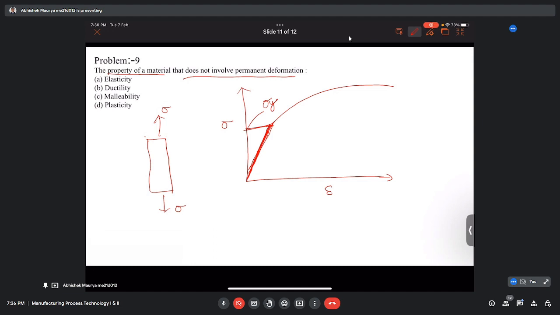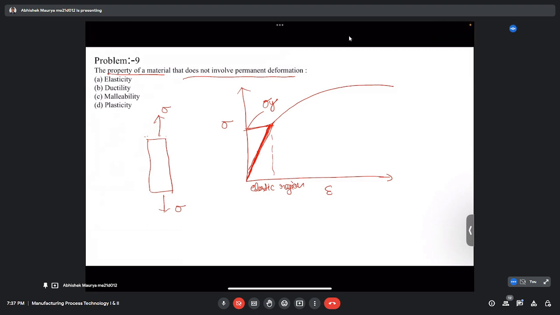Under this region, this is called the elastic region. If we deform the material a little bit, or if we apply any stress less than sigma y, then what will happen?